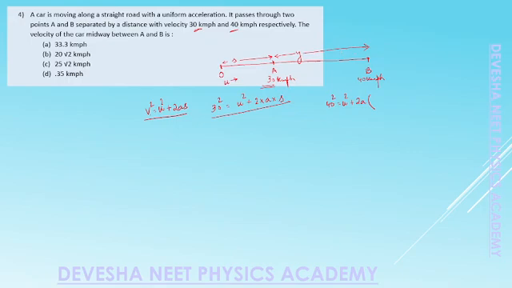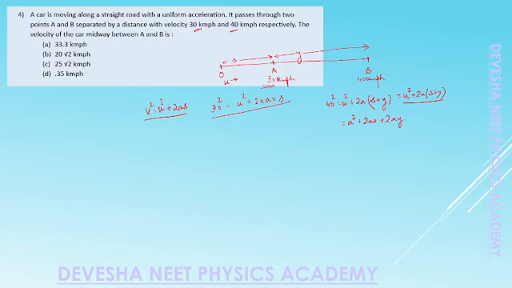So the distance is S plus y, and this is equal to U square plus 2A into S plus y. So this is equal to U square plus 2AS plus 2Ay.